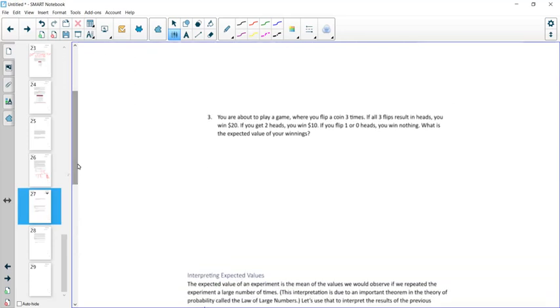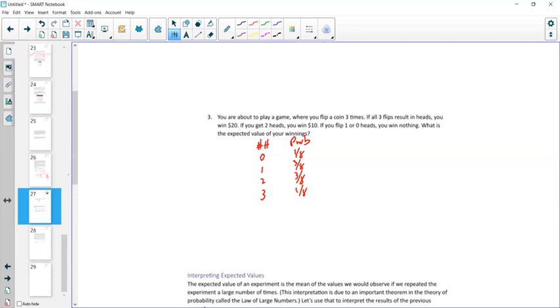Okay. So you are about to play a game where you flip a coin 3 times. So we can go from the previous example: 1 eighth, 3 eighths, 3 eighths, and 1 eighth.